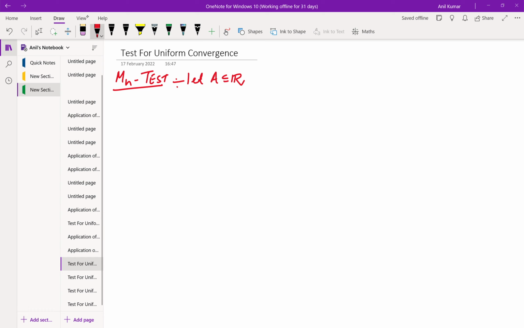So let A be any subset, and for each small n in the set of natural numbers, let f_n from A to R be a function.